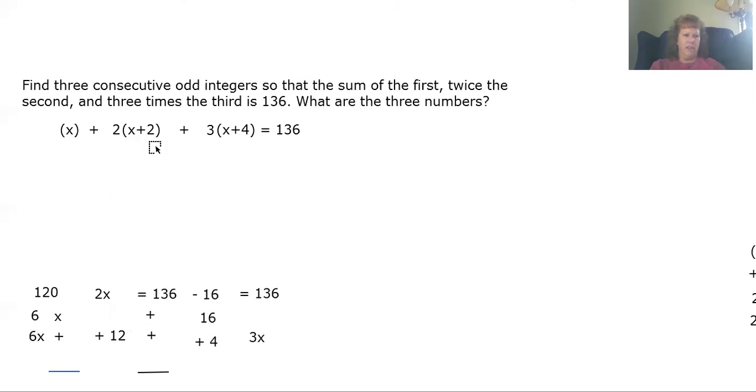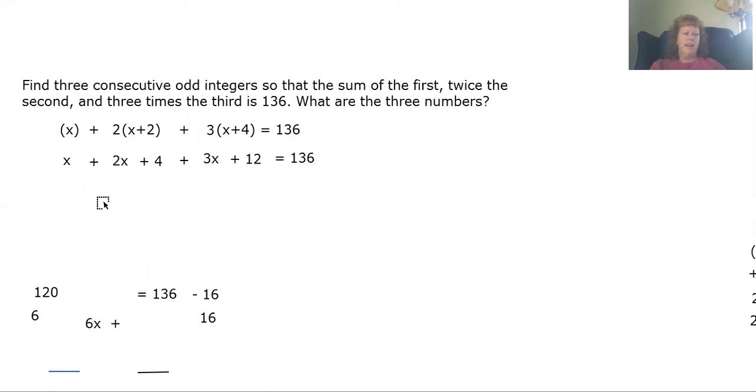Okay, so now we're going to do some distribution there. So x is going to stay the same, and then we're going to add 2 times x and 2 times 2. And we're going to add to that 3 times x and 3 times 4. Let's combine like terms.